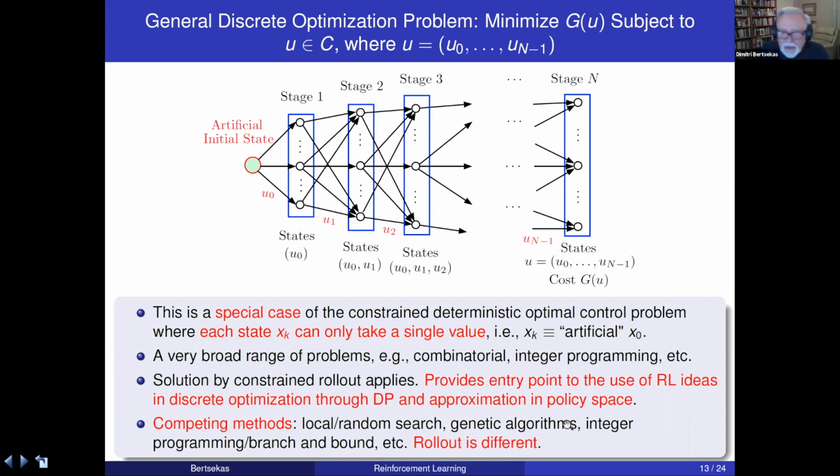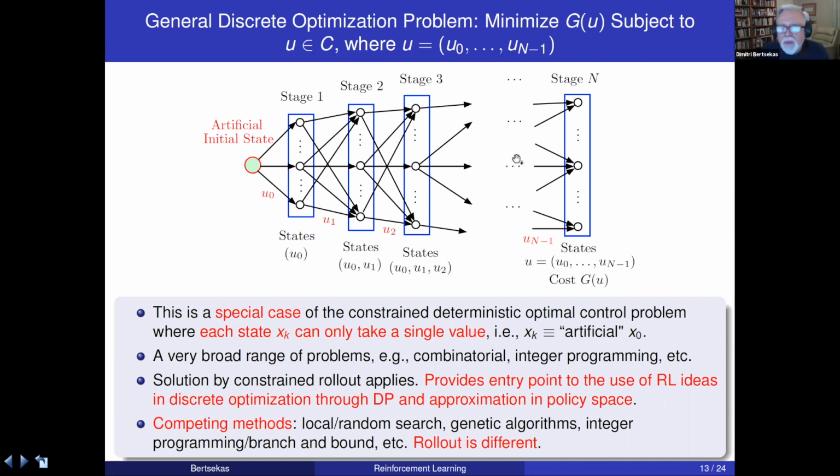Genetic algorithms are another popular class of combinatorial discrete optimization methods. And again, they have the same kind of property as random search and local search. You operate on a sequence of complete solutions, and you go from one solution to another solution by generating some candidate successors through mutation, extension.